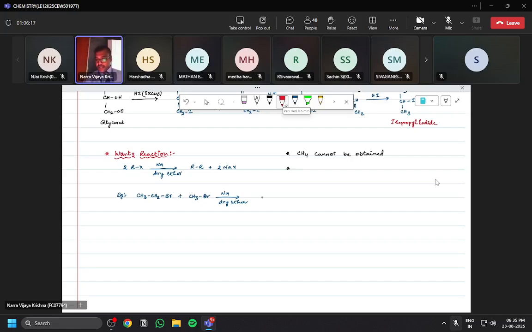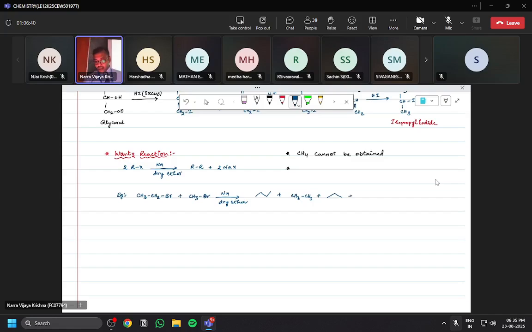So one product is butane. Plus methyl will combine with methyl to form ethane, another product. Plus ethyl will combine with methyl to form propane. This radical will combine with that radical.